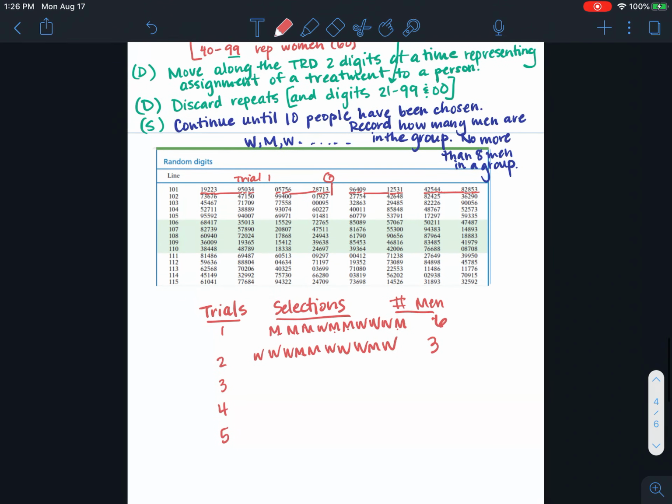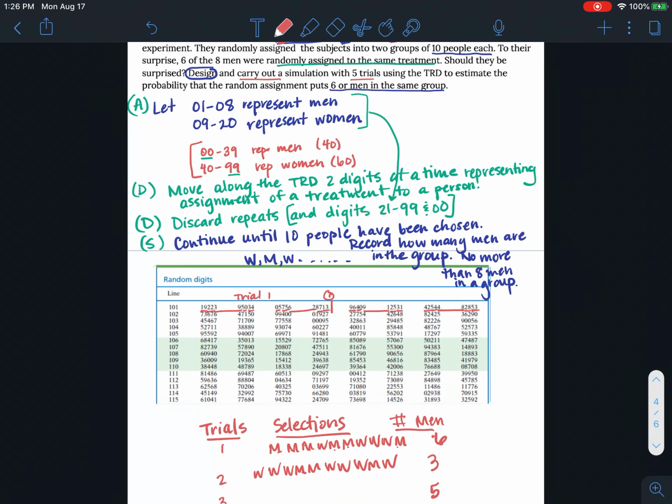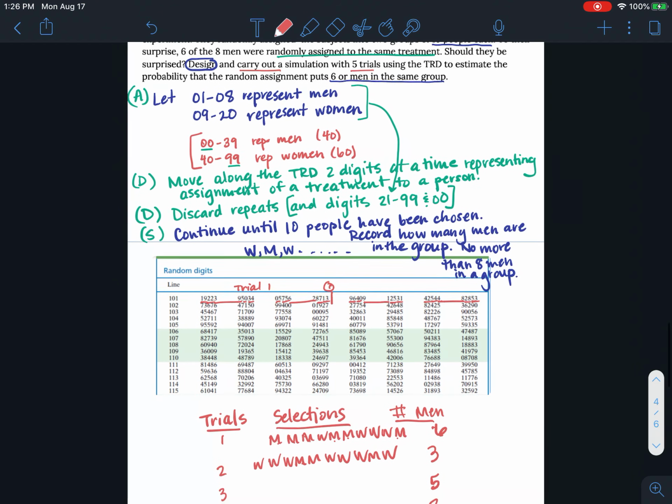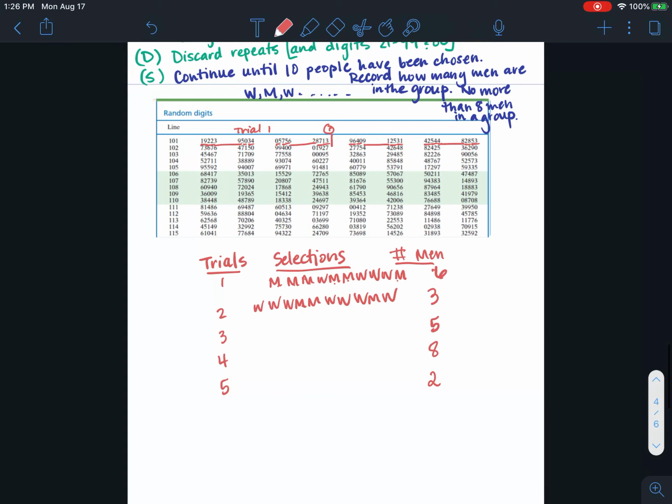So I would continue this for 5 trials. Let's say that the 3rd trial I had 5, the 4th trial I had 8, and the 5th trial I had 2. Just guessing, I don't know. Then at the end, I'm trying to estimate the probability that the random assignment puts 6 or more men in the group.